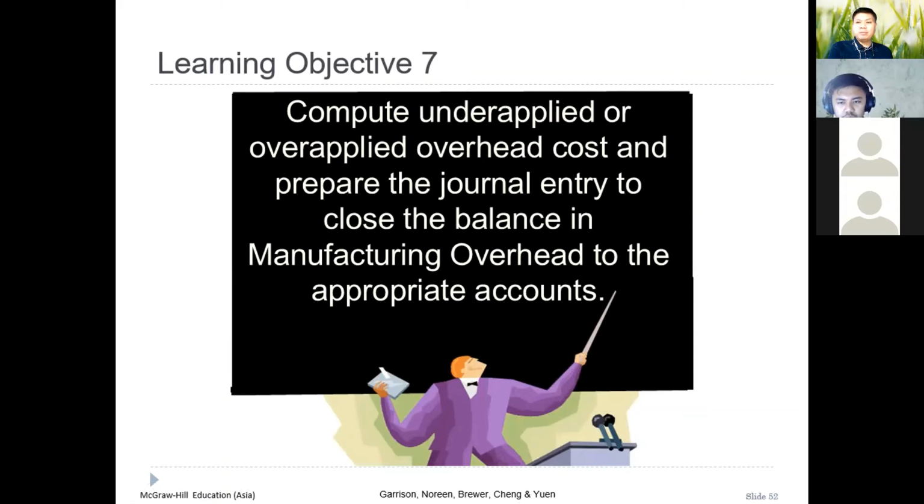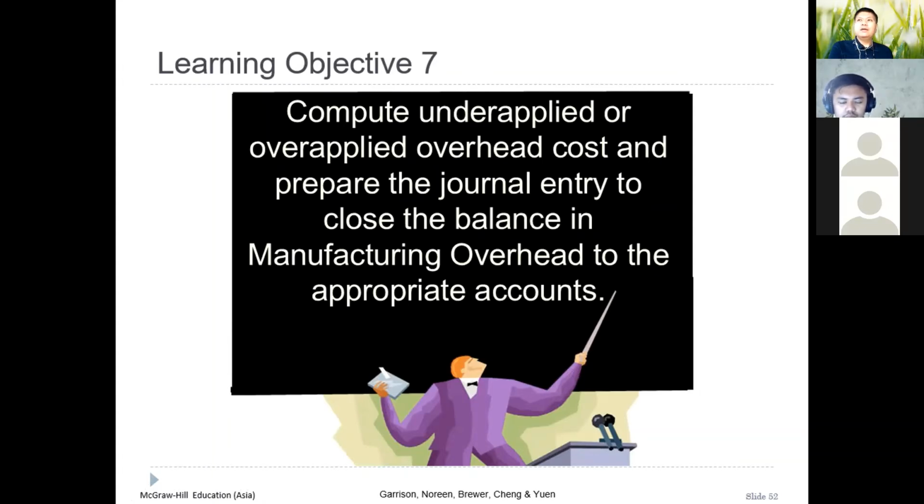Di ba meron kang estimate? In-estimate mo siya. Let us say 100,000. You applied 100,000. Tapos yung actual mo, 120,000. Is there a difference? You over-applied 20,000. Okay? Now, tama ba?